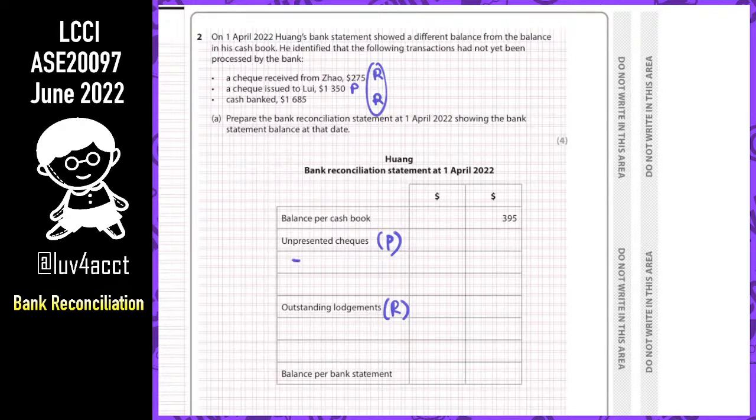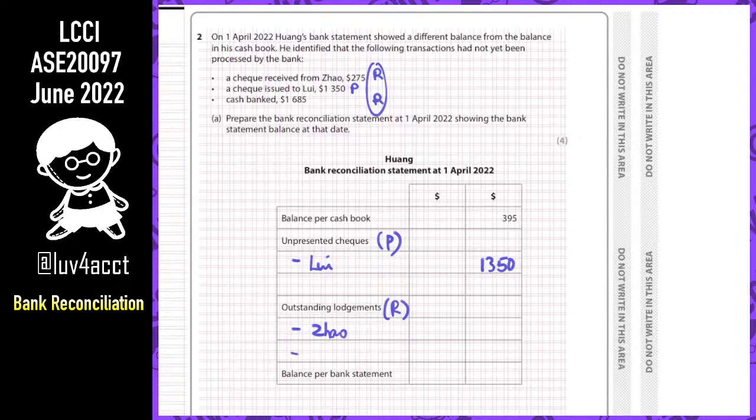If it gives us space, we should use them. Check issued to Lui. If you are given the check number, you should also put in the check number. Okay, Chow.